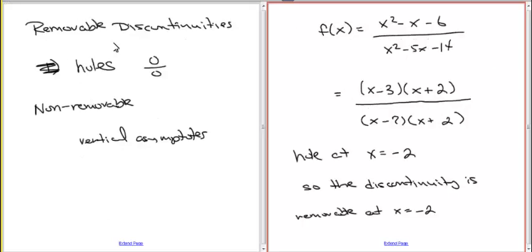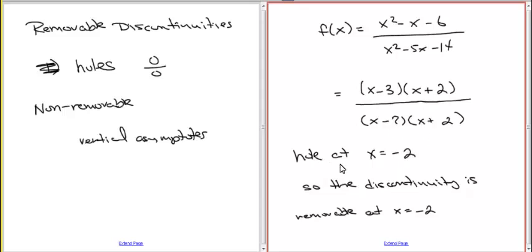Let me tell you what we did here. There are two kinds of discontinuities. There are removable discontinuities, which are when the function is indeterminate and the limit exists, but the function does not exist. There are non-removable discontinuities, which are vertical asymptotes. So you take the original rational function, you factor it, and you find that the removable discontinuity is at the x value where the numerator and the denominator both go to 0.